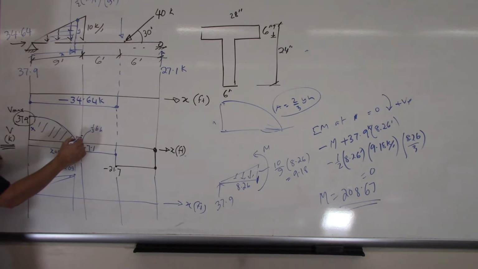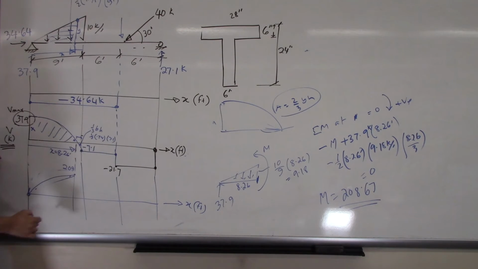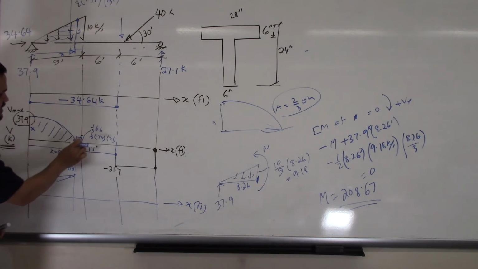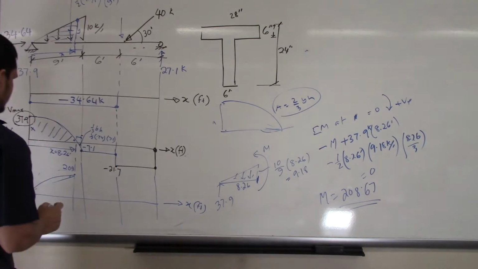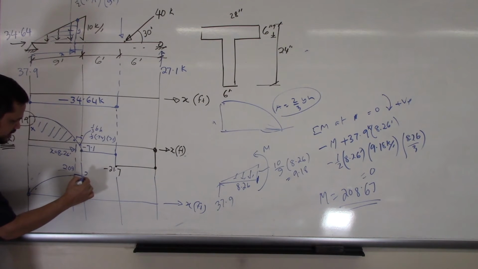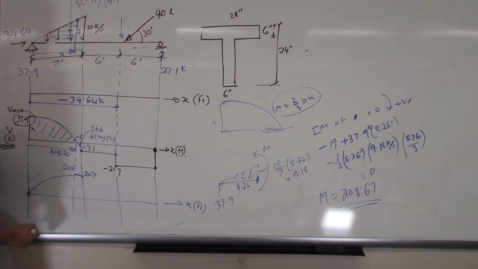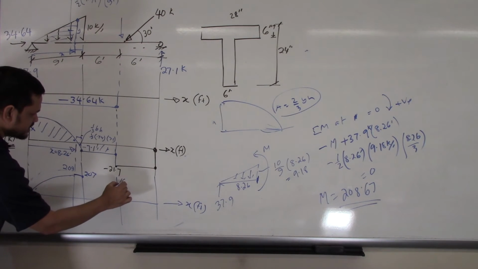How much is this length? Very small, 0.74. What is my A? 7.1. We have to deduct this small area, and after deducting we found up to 207. Then we'll deduct this triangular area. After deducting, we got here 166.